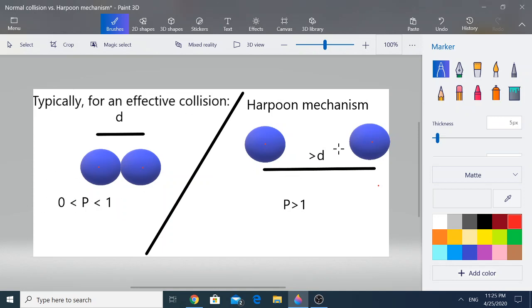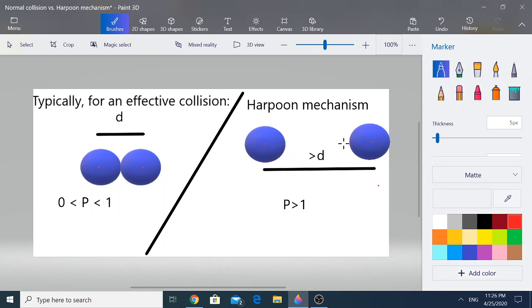But what about reactions that take place by the harpoon mechanism? For such reactions, the particles do not need to be in physical contact for the reaction to begin. For the normal one here, the particles must be in physical contact in order for the reaction to start.